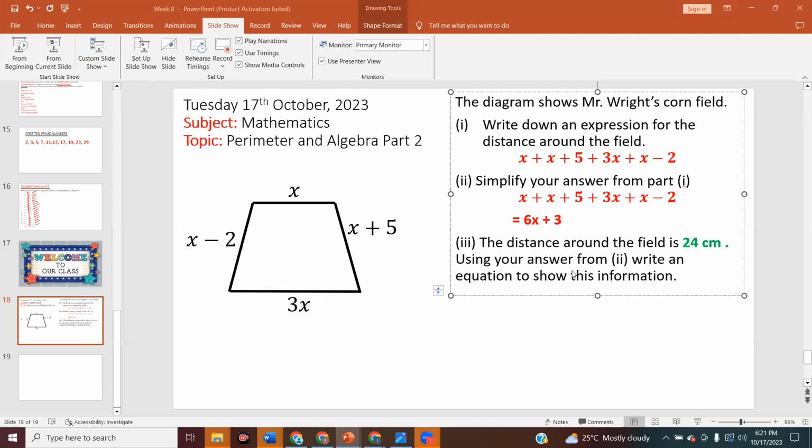What do we know? We know that x plus 5 plus 3x plus x minus 2 is equal to 6x plus 3. But we also know that the perimeter is 24.